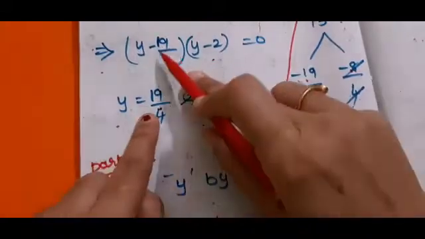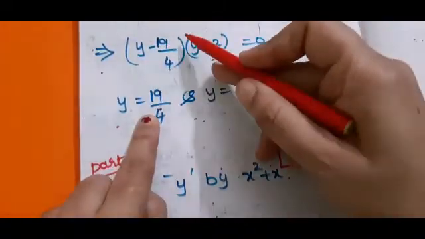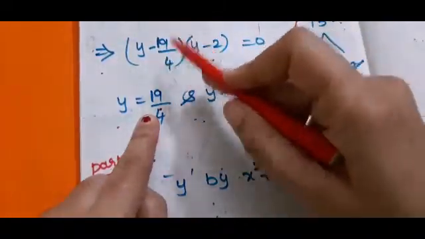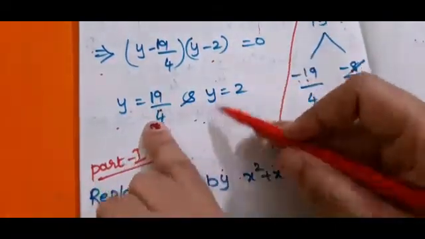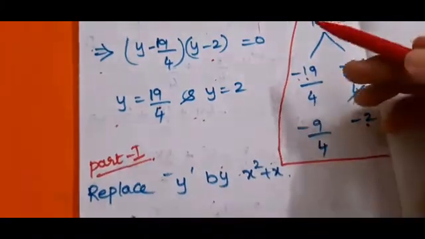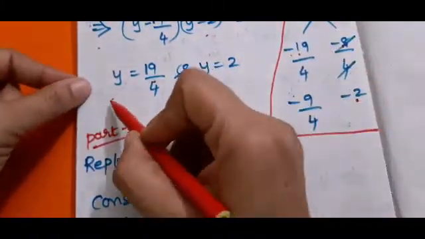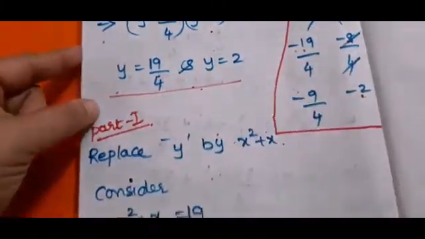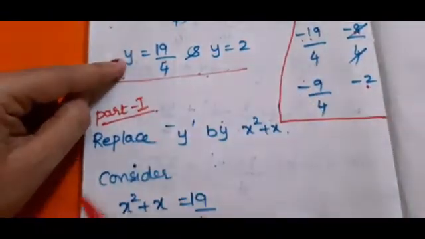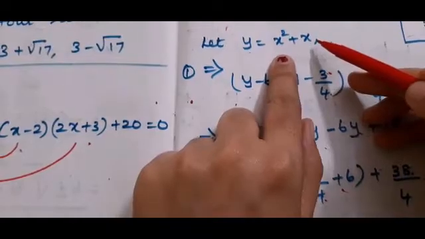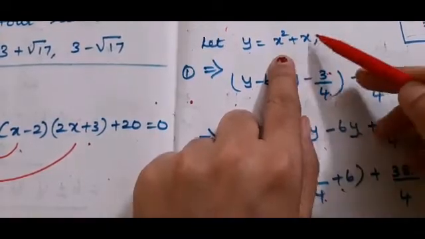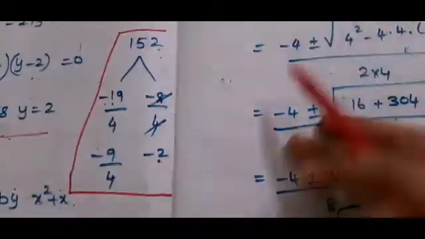So, y is equal to 19 by 4, if I take it to that side it will be positive 19 by 4, and y is equal to positive 2. Now once you get the y value, you want to replace y by x square plus x.